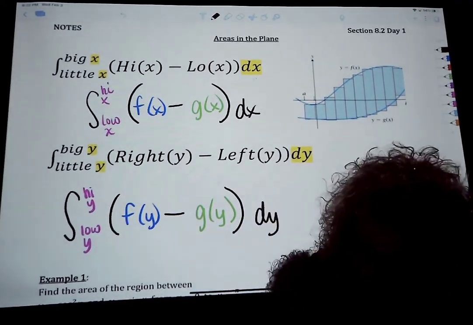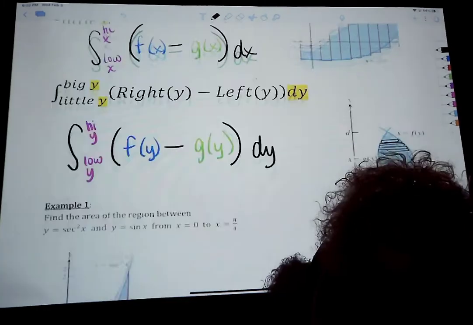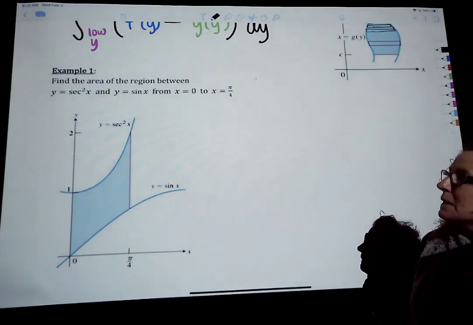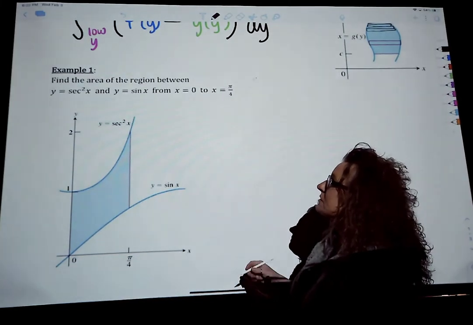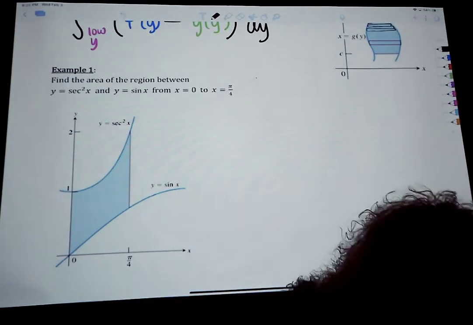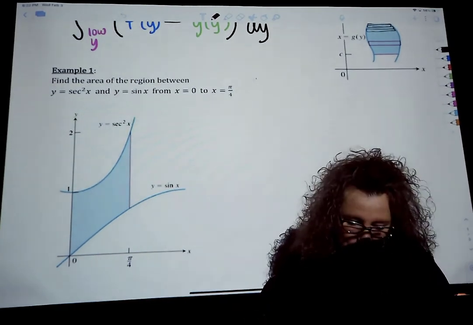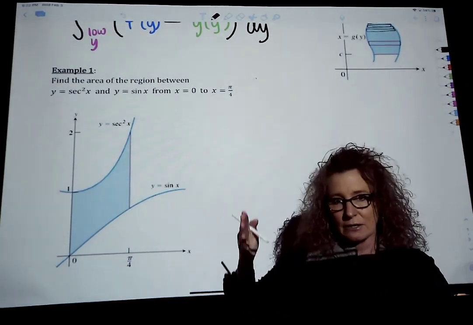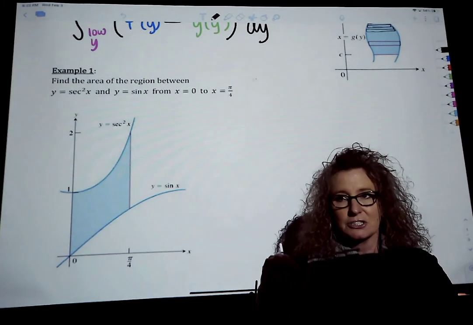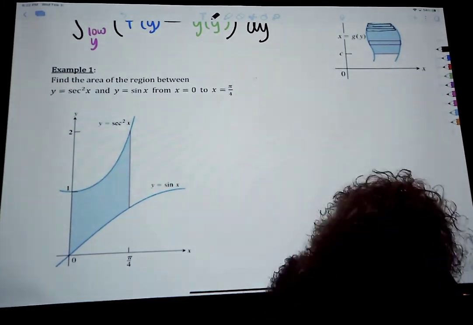Let's try a couple. We've got one of each here in our examples. It already gives us the two functions. It tells us where to start and where to stop. And let's just make sure that with these two functions, if I draw vertical rectangles, each rectangle touches the lower one and the upper one.